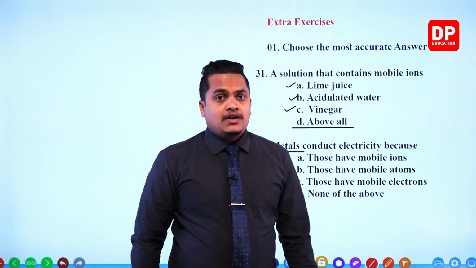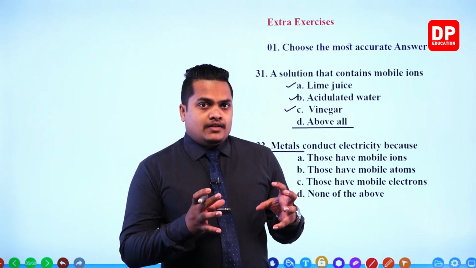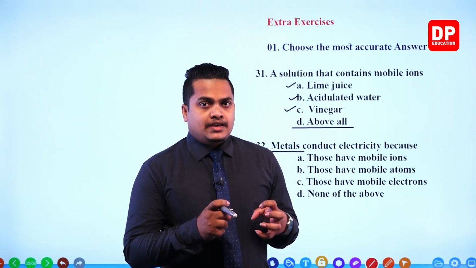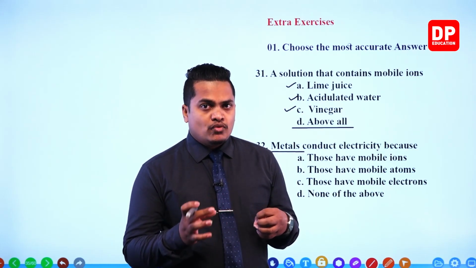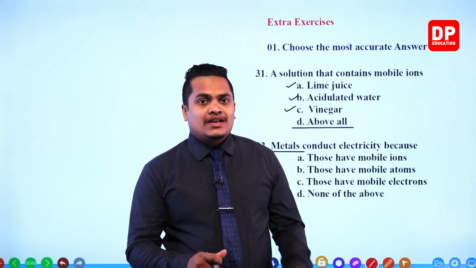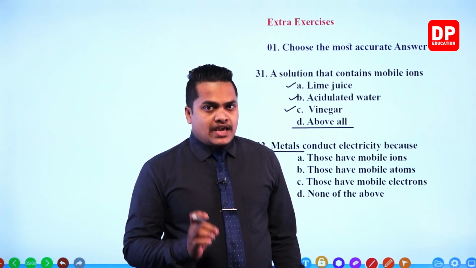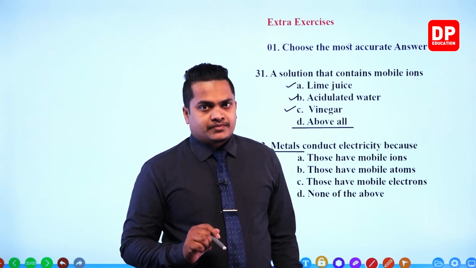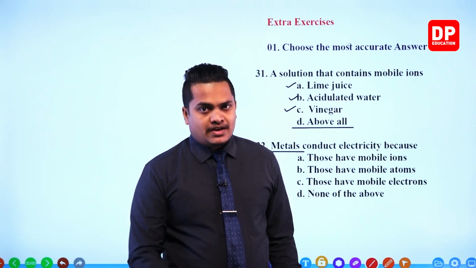Within a metal, I told you that electrons contained within the metal can freely go here and there within the metal itself. So therefore electrons are mobile in metals.